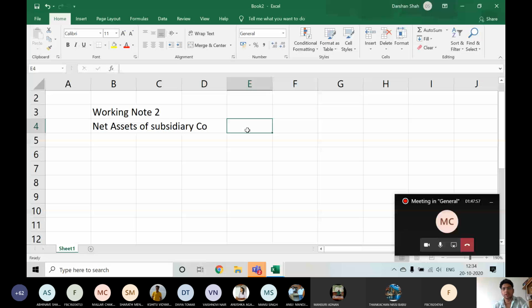So what I'm going to do, I'm going to take equity, I'm going to take share premium, then other components of equity and retained earnings. Correct. So this will be visible over here. And इसका balance reporting date पे थोड़ा change भी हो सकता है.